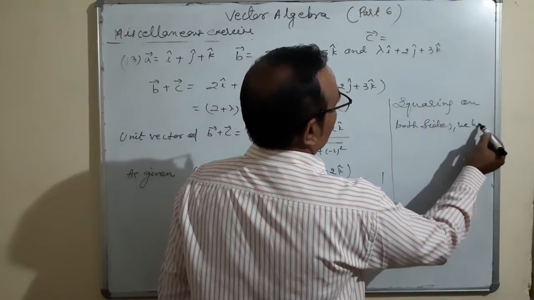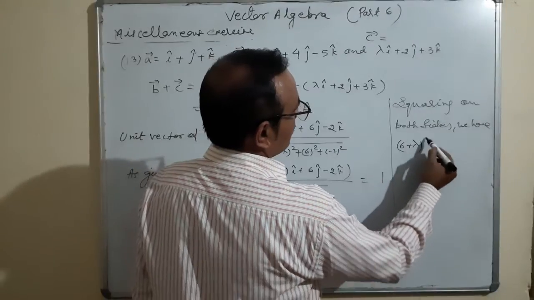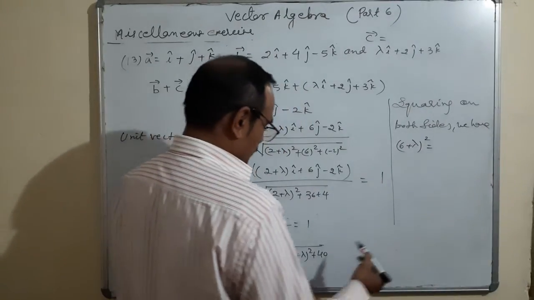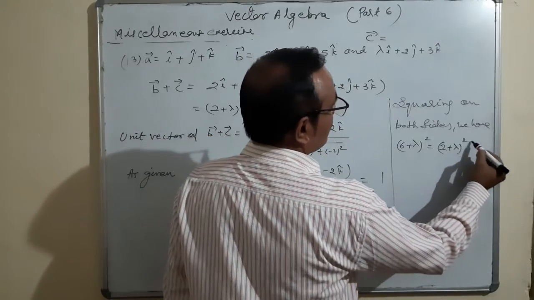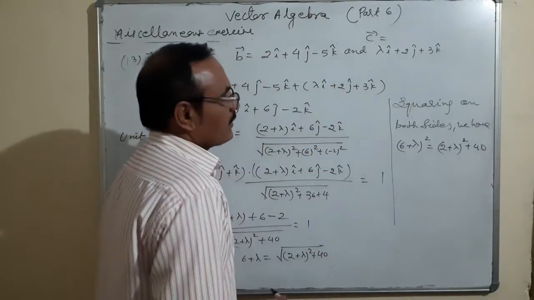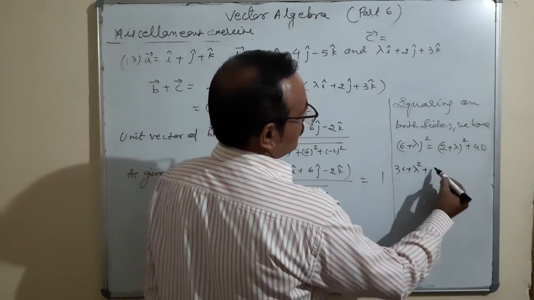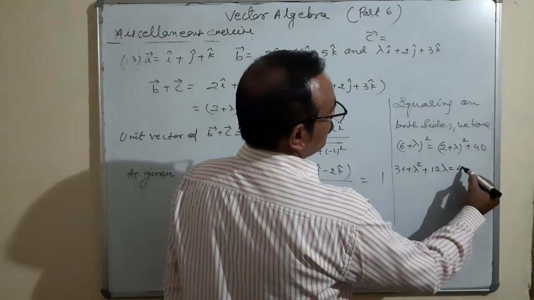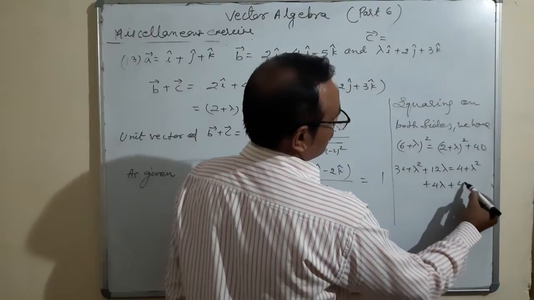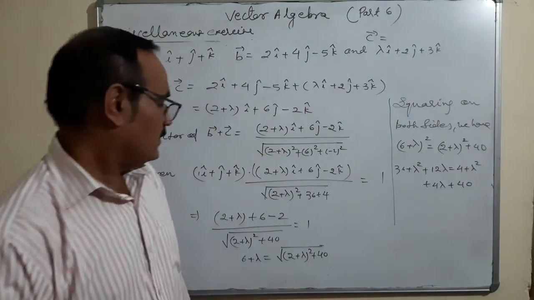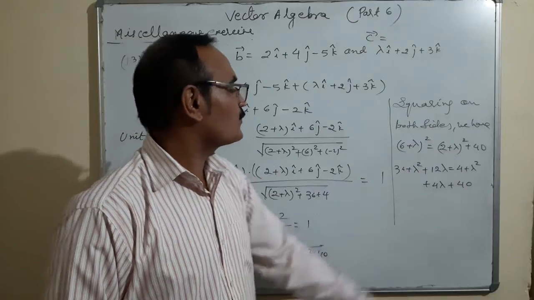When we square both sides, (6 plus lambda) whole square is equal to... why are we squaring on both sides? So that this root will be removed. It is (a plus b) whole square, a square plus b square plus 2ab: 36 plus lambda square plus 12 lambda is equal to 4 plus lambda square plus 4 lambda plus 40.